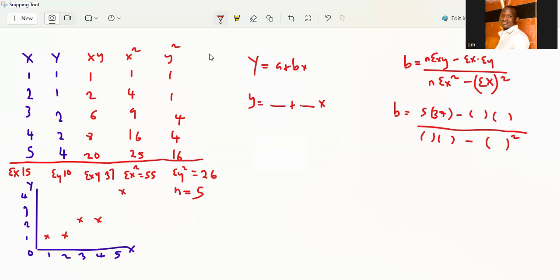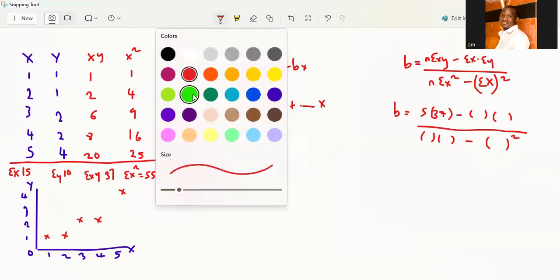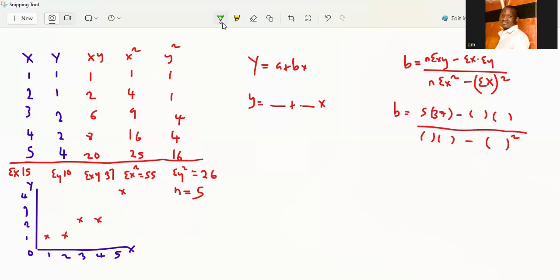So what is the total in the x column? 15. So you put your 15. What is the sum of y? 10. Then you go down, n is 5. Summation of x squared, don't square this, it's already squared. It's 55.